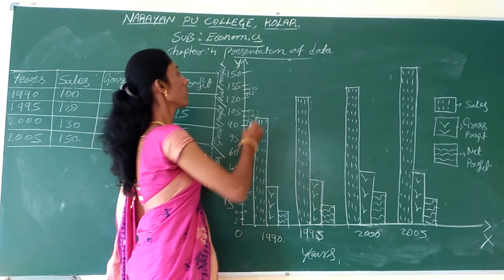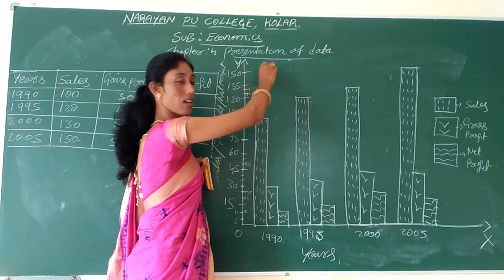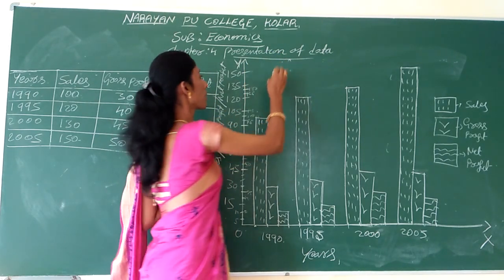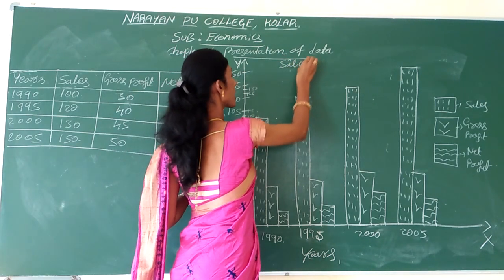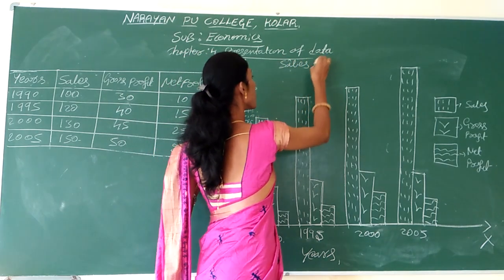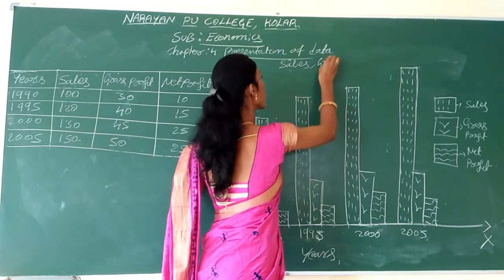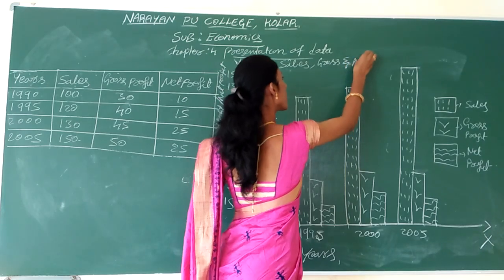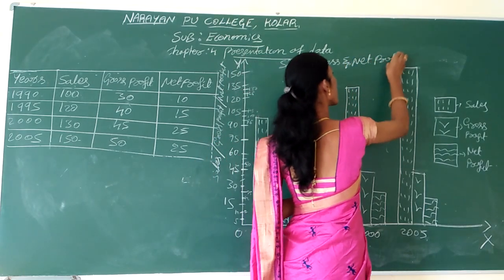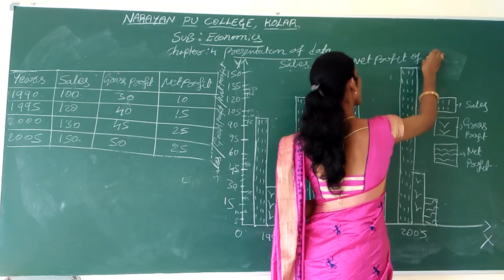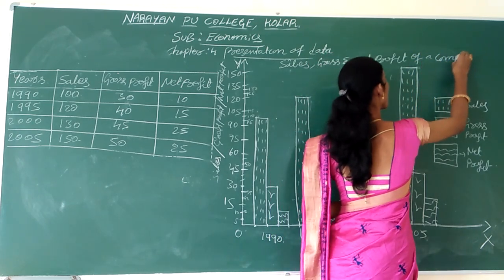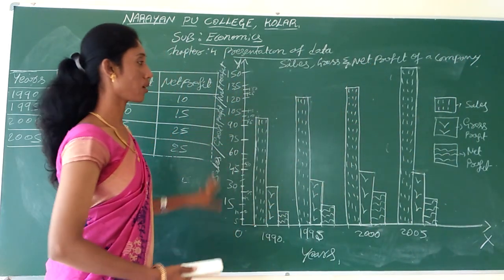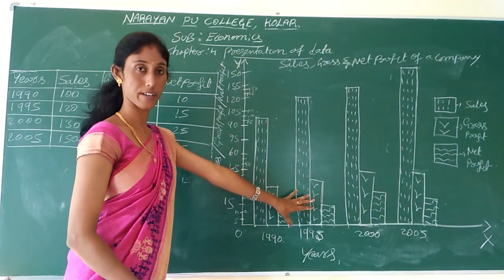The title we can give is: sales, gross profit and net profit of a company. Got it? This is how. Now the chart is completed, right?